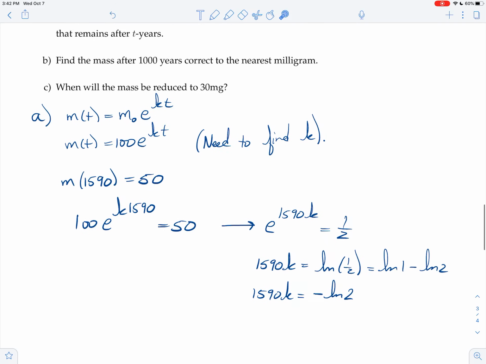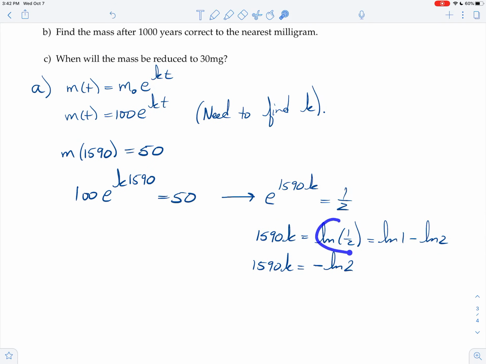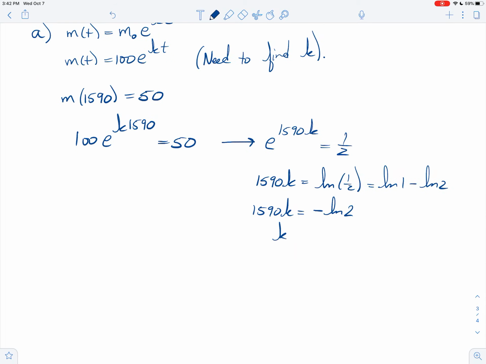It's getting less and less. Anytime you look at the natural log of something less than 1, it's going to be negative. So I reduced it to this, and now I can easily solve for k. K is going to be minus ln of 2 over 1590. So that's my k.